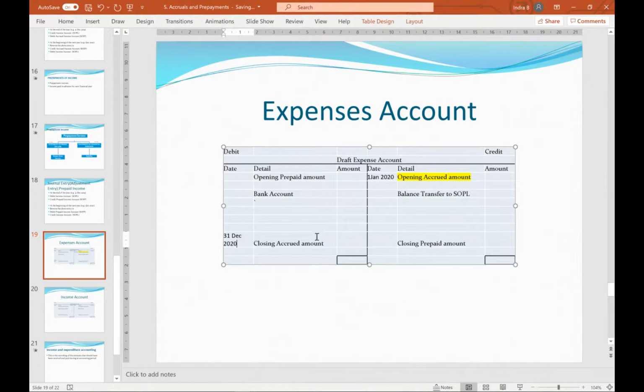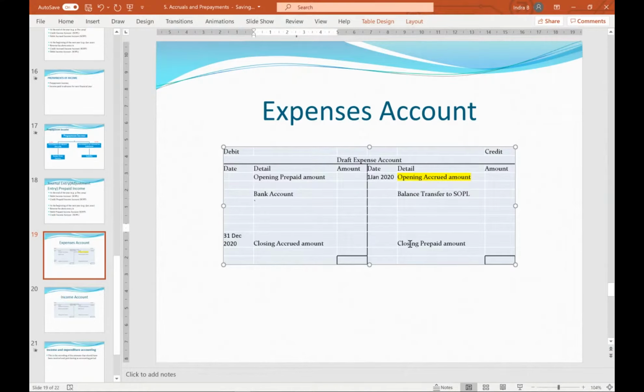Generally this kind of question says that in the opening balance, it was accrued or prepaid, one of these will be there. And at the end of the year, it was either prepaid or accrued, one of them may be there. So we will have to put two of these four figures, 1, 2, 3, 4.